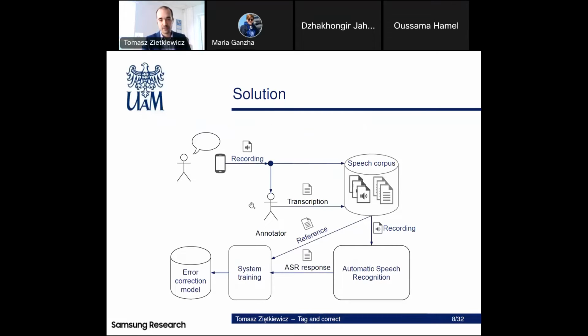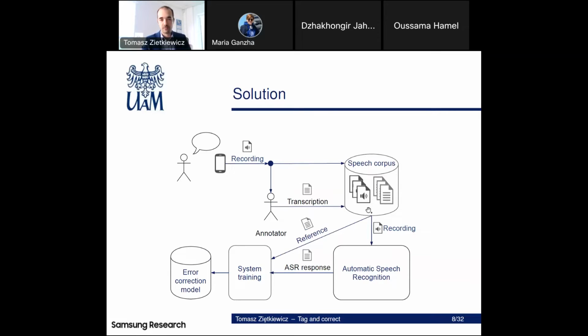And how could we train this kind of system? We have to collect some speech corpus, which is collected by recording some sentences, then annotating them by humans, which gives us a speech corpus, so a corpus of parallel recordings and their annotations.